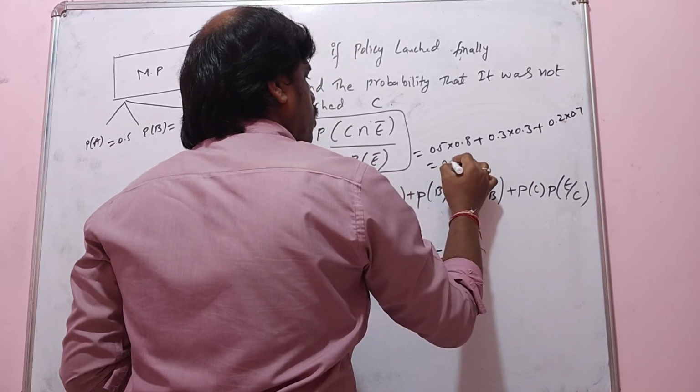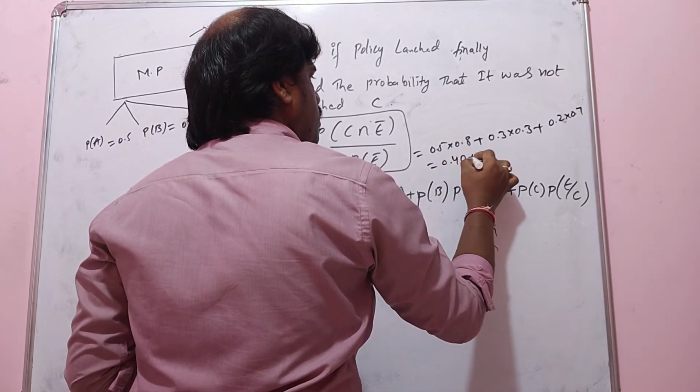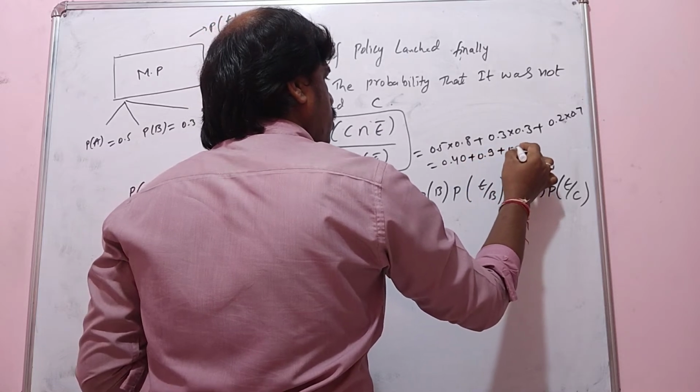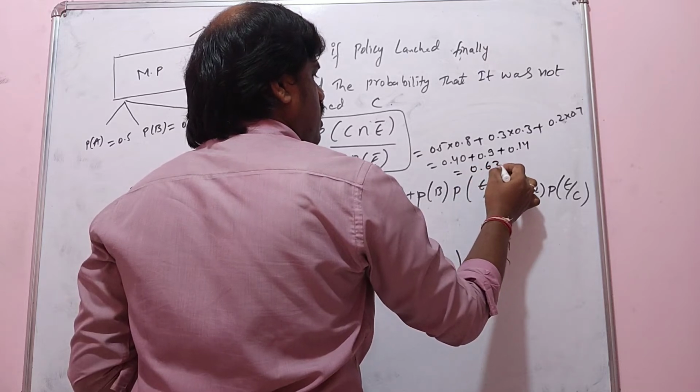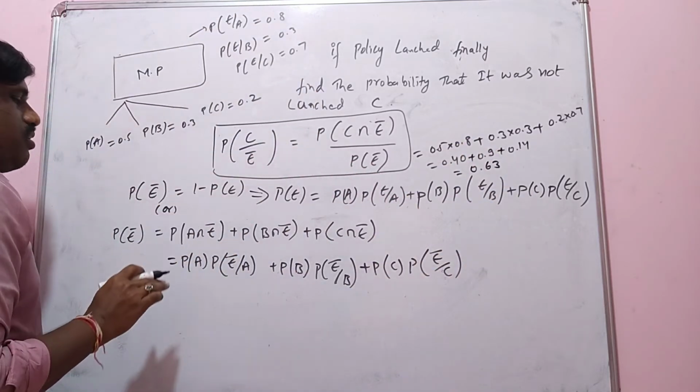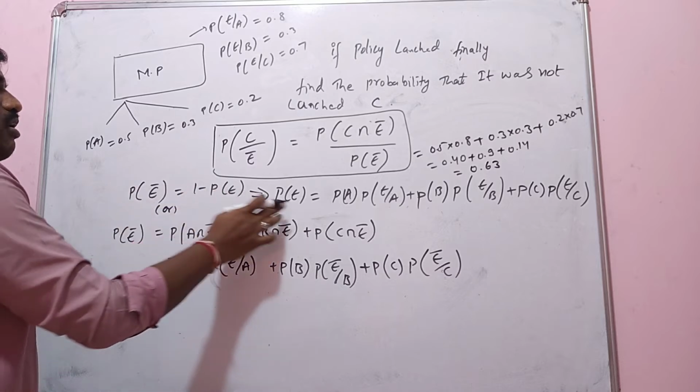That is 0.40 plus 0.09 plus 0.14, and if I add this I get 0.63. So 0.63 is the probability of E.